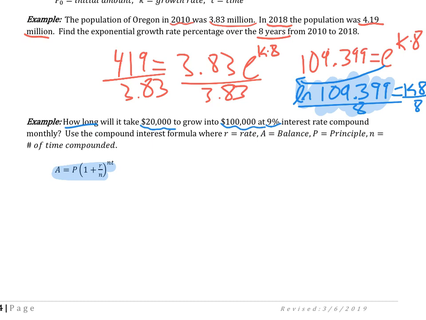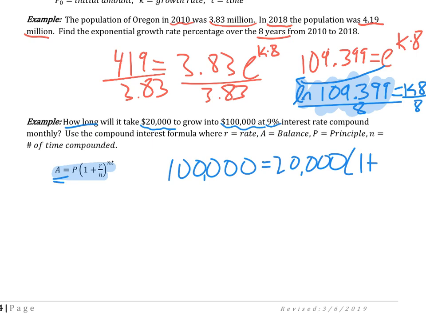Let's plug in the numbers. We want A, which is the new value, 100,000, equals the initial value, 20,000, times 1 plus the rate, which is 0.09, divided by n, and this is compounded monthly, so that's 12, to the 12t.